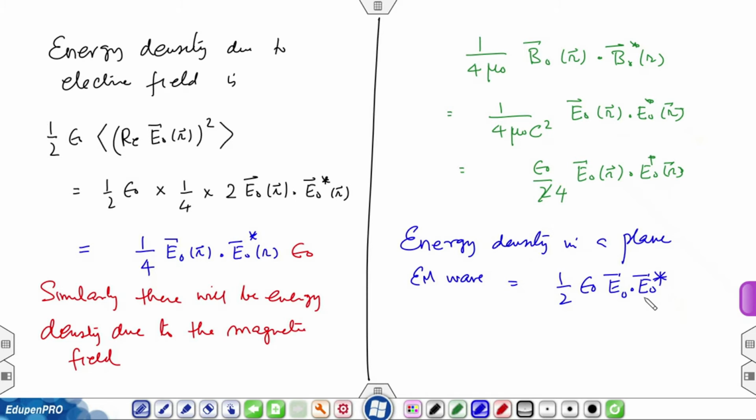I am dropping that r, it is understood, it is there. So, we found the energy density.